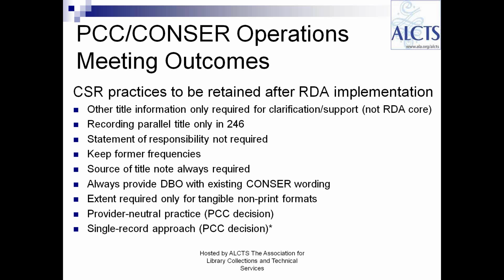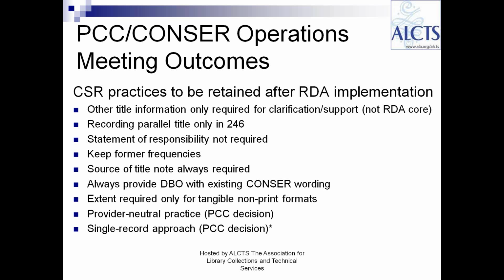The PCC indicated that they would clarify the current guidelines so that the single record approach would only be applied to a textual manifestation, and also clarify that on that record for a textual thing, a print version, the 33X field would only contain elements describing the textual version.